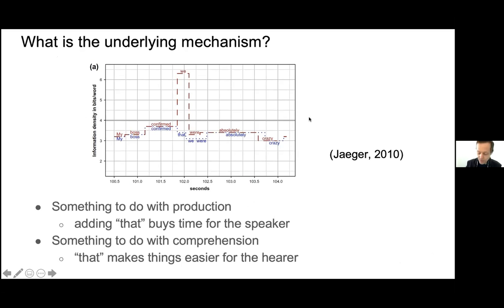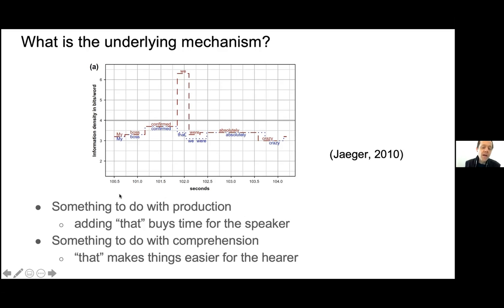Okay, so we have this result supporting the prediction of the UID principle, but that doesn't really tell us about what the underlying mechanism might be. Like, why is it that speakers tend to drop the "that" in cases where the complement clause is predictable? So there are at least two classes of explanations that need to be considered.